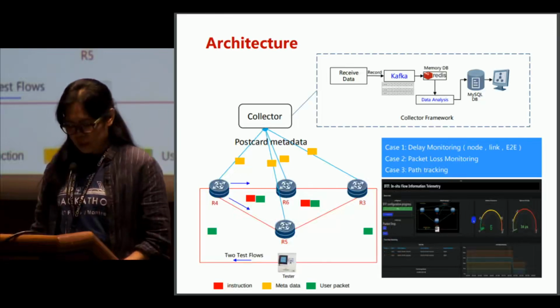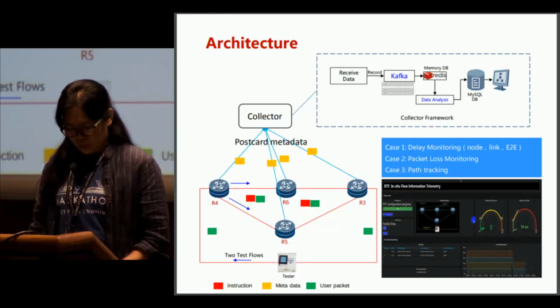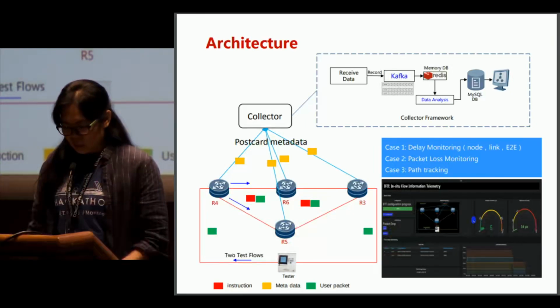This page shows this project in the Hackathon. At first, there is a network domain including 4 routers, and a tester will send 2 test flows and also receive these 2 test flows, with IPv6 as the transport protocol.